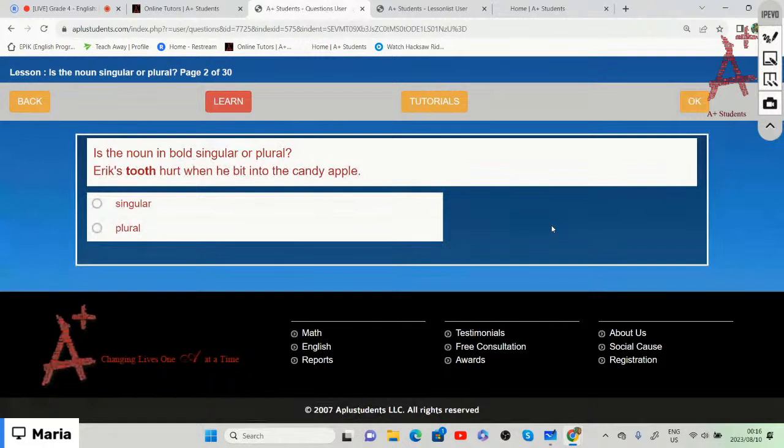Eric's tooth hurts when he bites into the candy apple. Tooth, is it singular or is it plural?